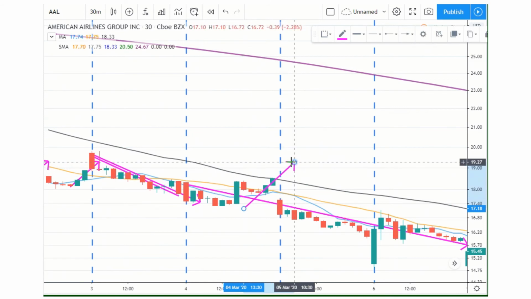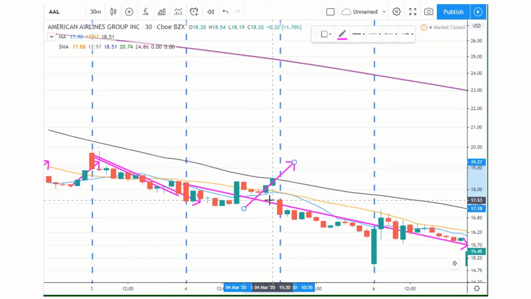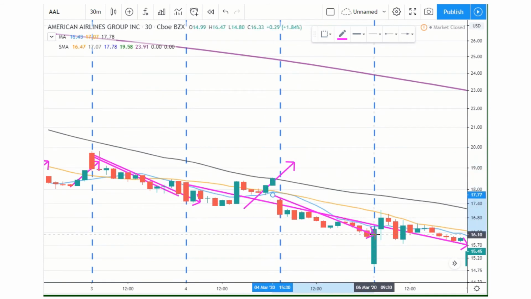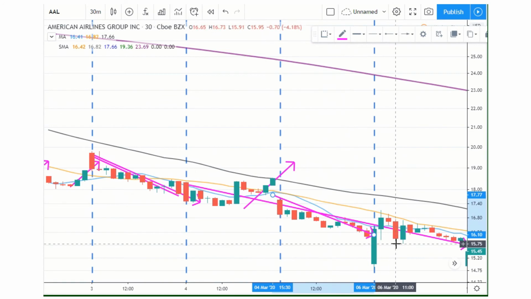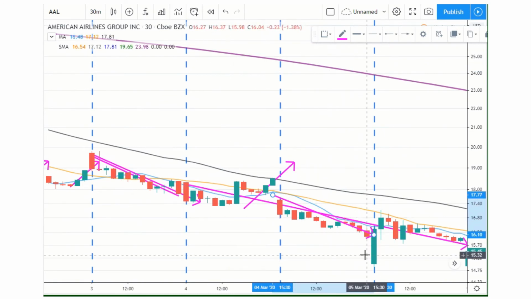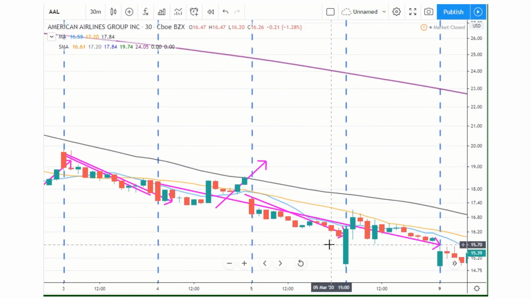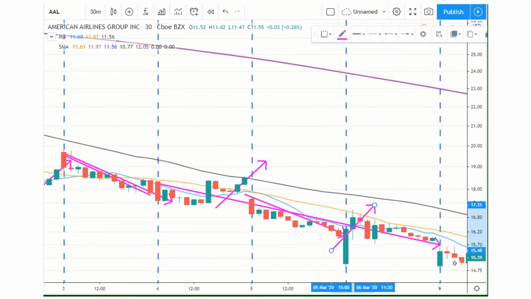Again, going up, and then you see that the stock goes down. It pulls up a little against the trend, and then it continues to come down, and then it just continues to do that a little bit longer. Again, up a little, and again the stock goes down.